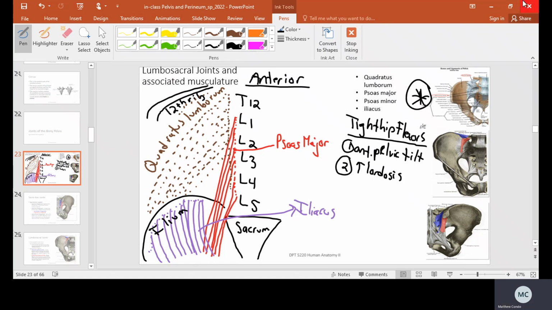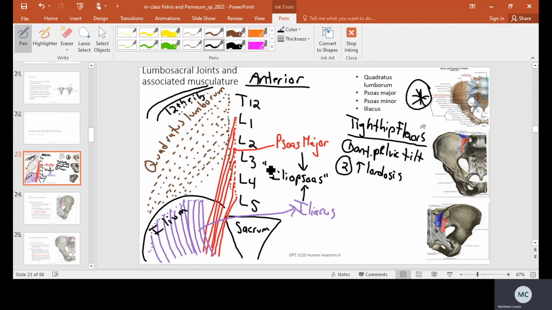So iliacus, like we said, coming off the iliac fossa, is going to join forces with psoas major and form this muscle that's not really a muscle, we call it a muscle, iliopsoas. When you see that term, you'll see it in the Oatis textbook. You're going to see that next year when you take MSK.